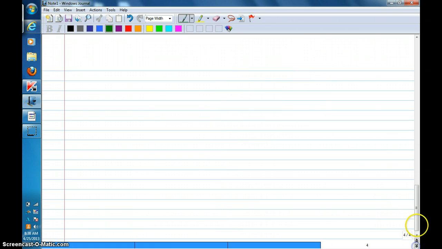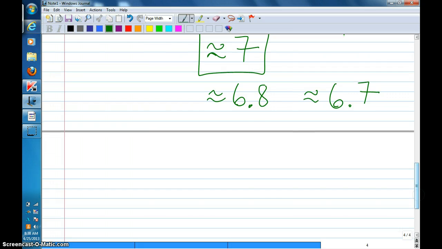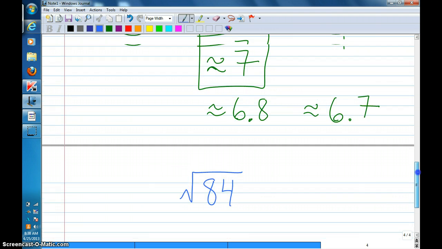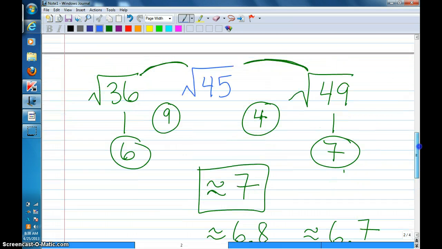All right, let's try to find another one. For example, let's find the square root of 84. First job, like above, find the perfect squares on either side.